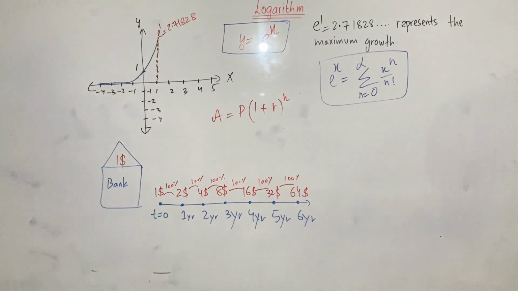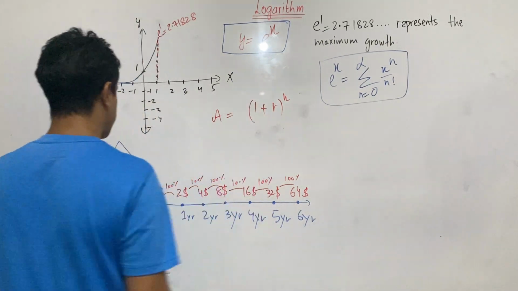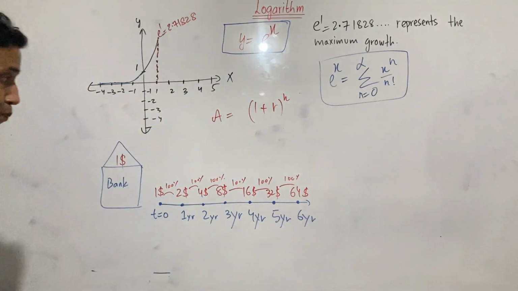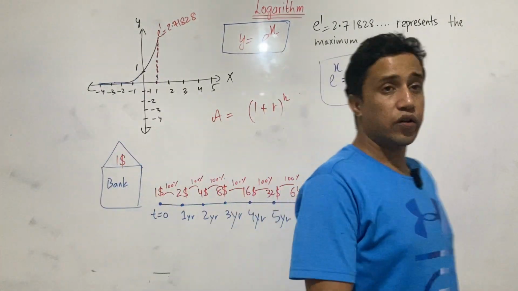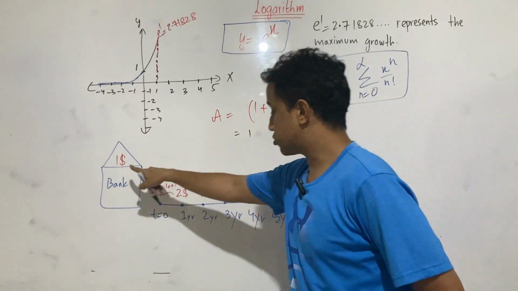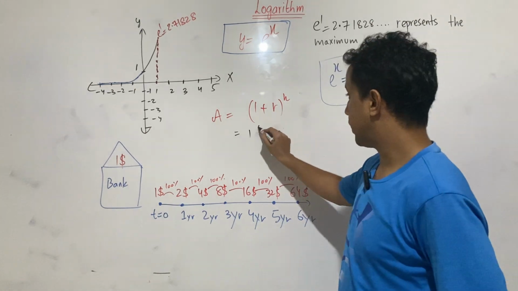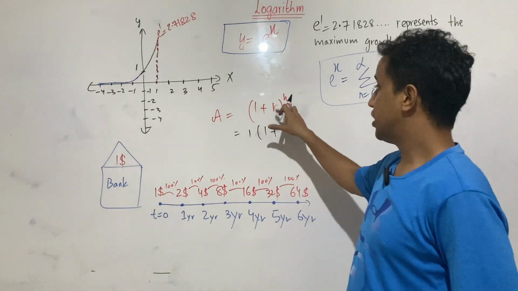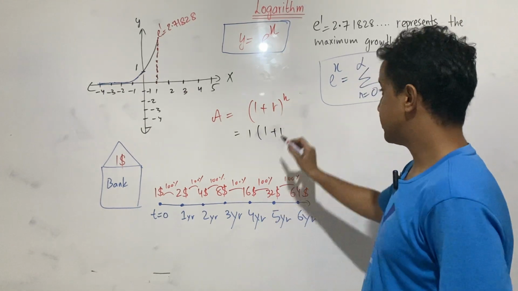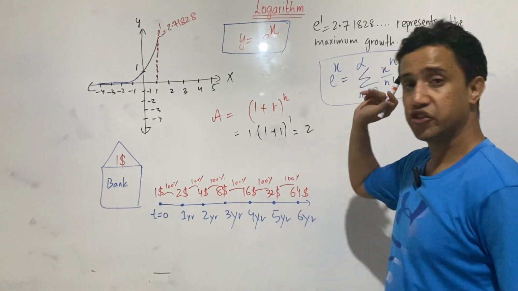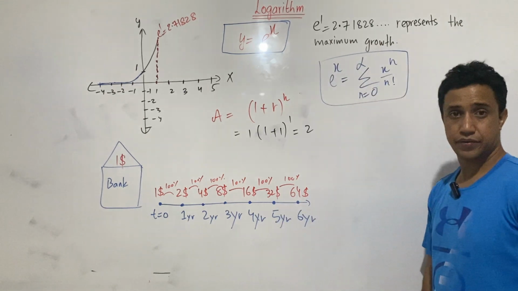Here n means the time frame. Because my principal starts with 1, it's going to be this. I put my $1 in the bank, and the rate of interest is 100%, so r is 1. And how many years? 1 year. So it's going to be 2 after 1 year.